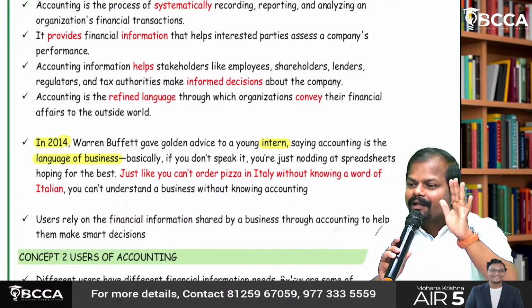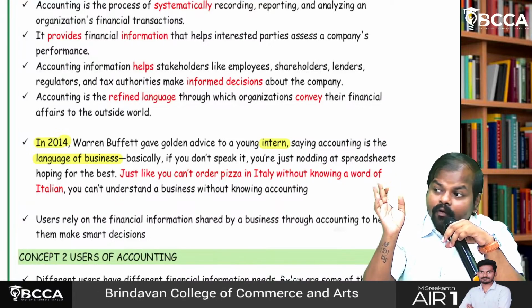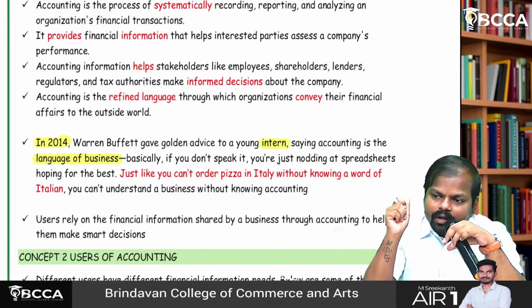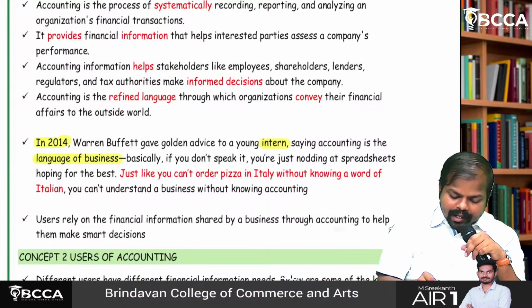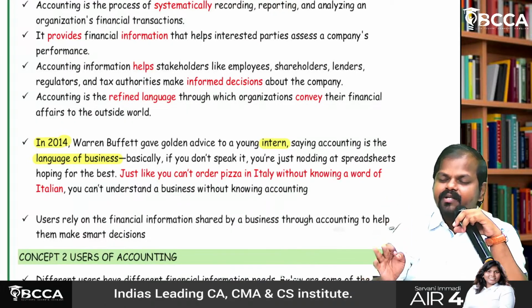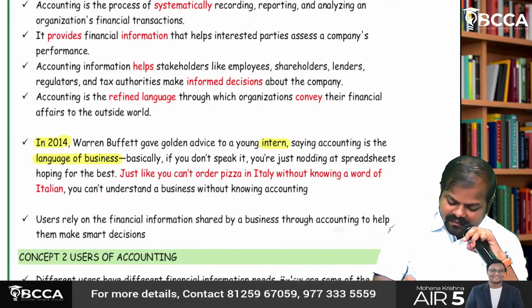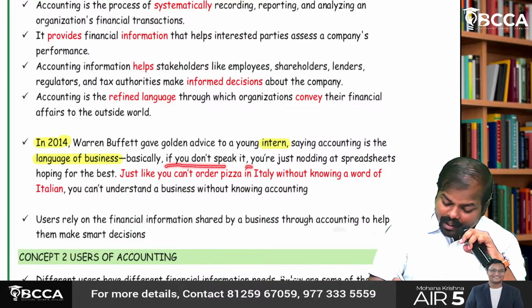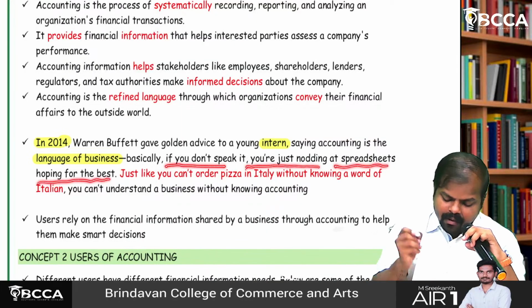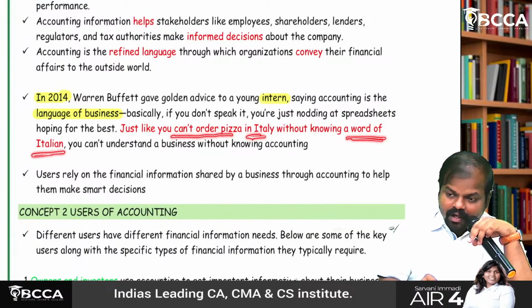According to Warren Buffett, what is meant by accounting? Accounting is the language of business. It is a simple line he told. Basically, if you don't speak it, you are just nodding at a spreadsheet, hoping for the best, just like you can't order pizza in Italy without knowing the Italian word.